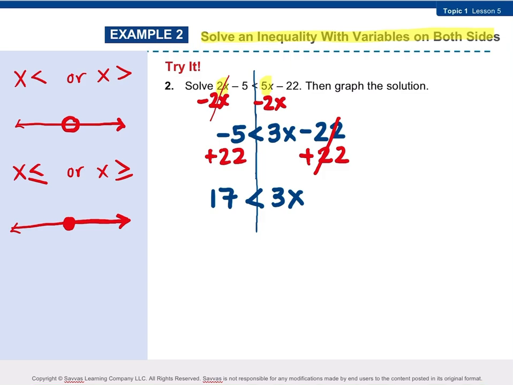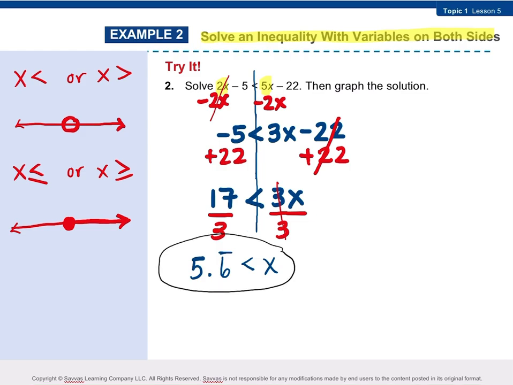So 3 times x, the opposite of multiply by 3, divide by 3. So I do it to both sides to get rid of that 3. And then 17 divided by 3 is 5.6666 repeating. I hope that's right. Yeah. And then that's less than 1x. So that should be my final answer.